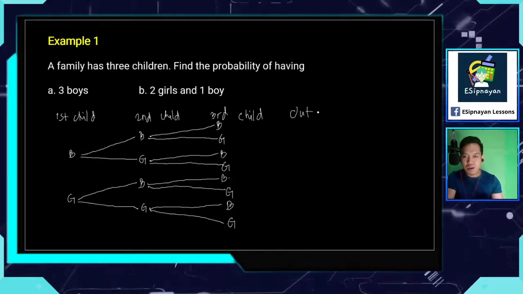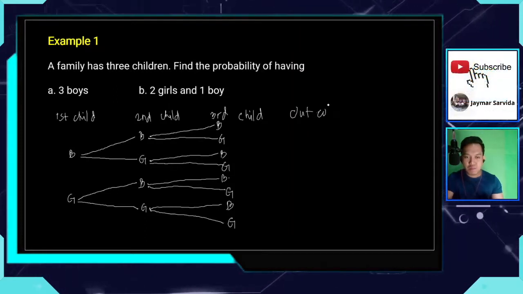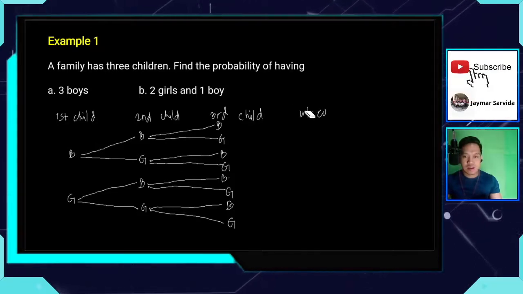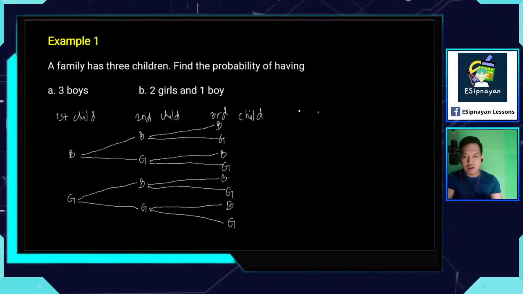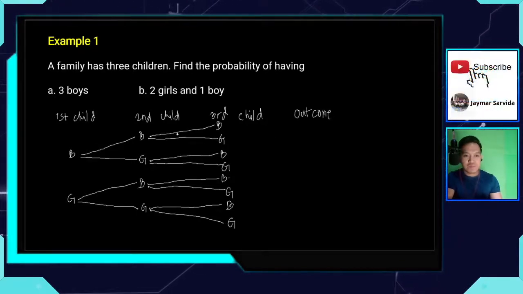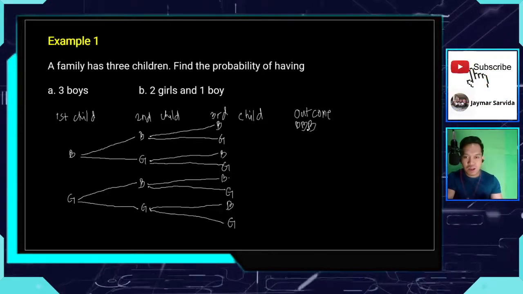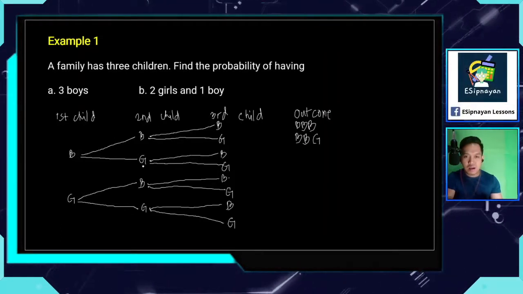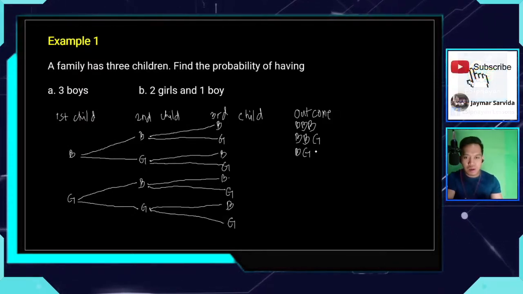So yung ating outcome dito is, okay, we have tatlong boy, pinakauna, then boy, boy, girl, then we have boy, girl, boy.